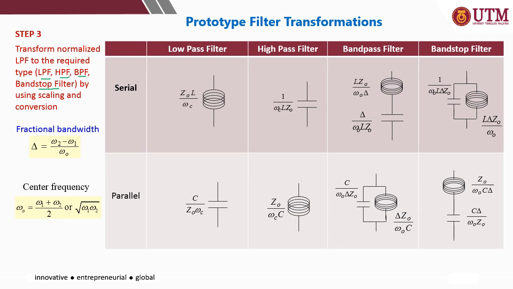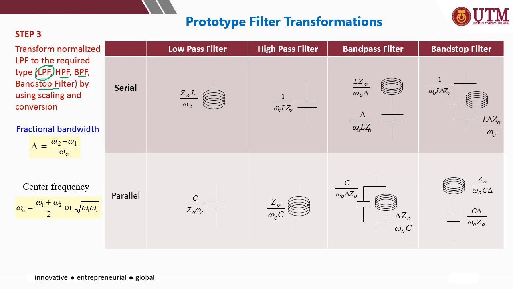So in the second step, you will design a normalized low pass filter. If the project requires you to design a low pass filter, then you can use the same configuration, but the component values must be recalculated depending on the filter transformation equation.